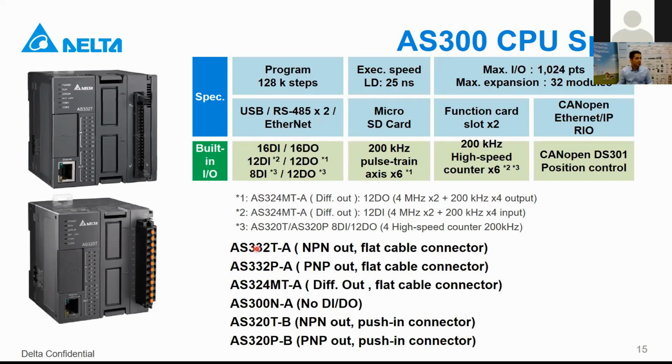And here you see there are different types of CPU, and here according to output type, the code is changing. So here you see this is NPN output, and the code is T, and for PNP it is P. So the code is changing, depends on the output type. Okay, and we have one model which has no digital input output on it, and we have another model with the push-in connector shown here.